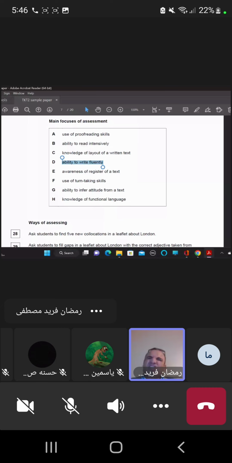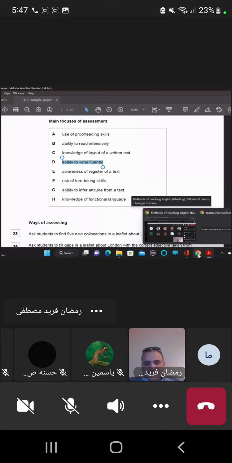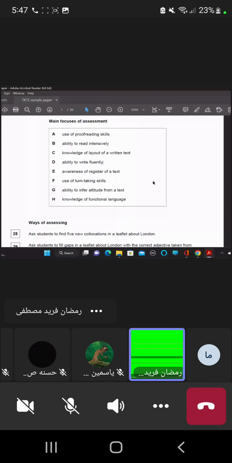Don't focus on mistakes, grammar, or spelling errors. Just write whatever comes to your mind. This is writing fluently. But when I ask you to write 5 ways to invite somebody to London, it's controlled, not free practice or fluent writing. It's just thinking about different structures we can use to invite somebody to London. Did you get that?